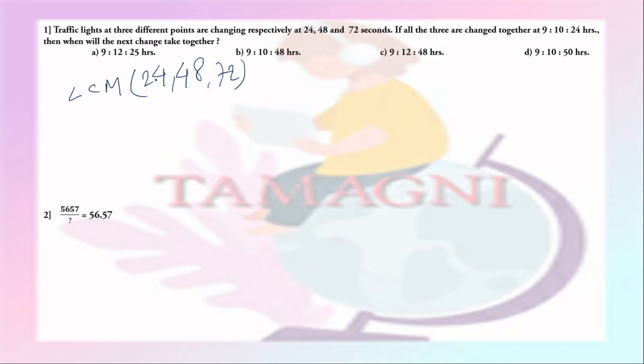Now the LCM of these three numbers is actually 144. So after 144 seconds, traffic lights will change together. First of all, we have to convert this 144 seconds into minutes, which is 2 minutes and 24 seconds.